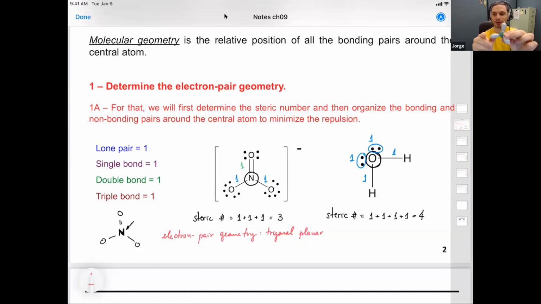And then we have another group here. Okay. So four groups. The best way to organize them is in a tetrahedral geometry. Therefore, the electron pair geometry for the oxygen atom in the water molecule is tetrahedral.